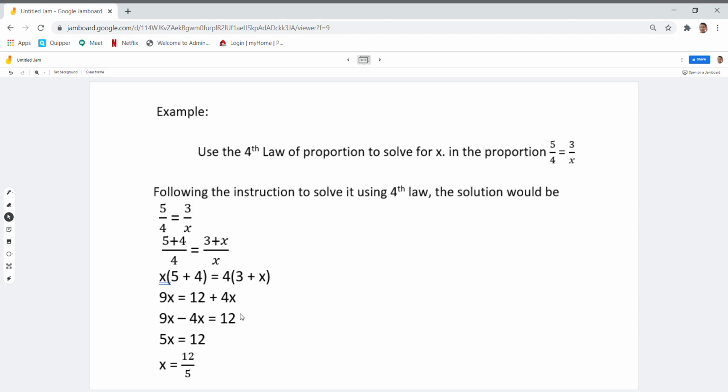So, if you are going to bring 4x to the other side, meaning you're applying APE or SPE, subtraction property of equality, it becomes 9x minus 4x equals 12. And so we have now 5x equals 12. So dividing both by 5, you have x is equal to 12 over 5. So you were able to solve for x.